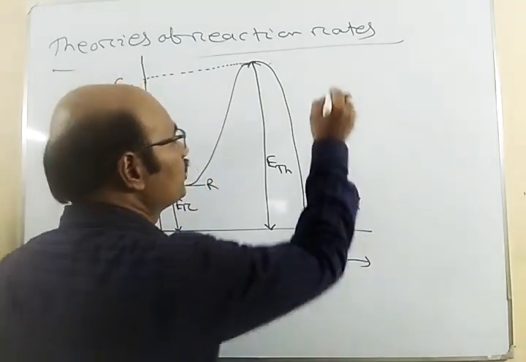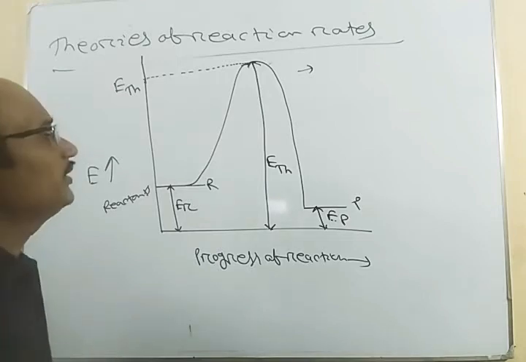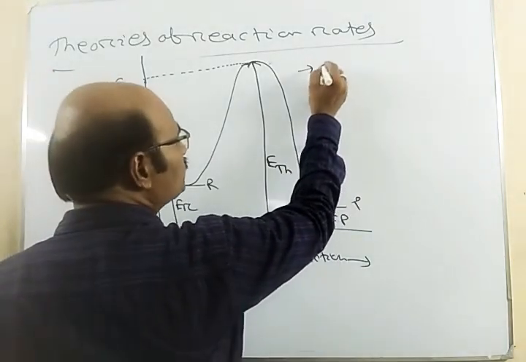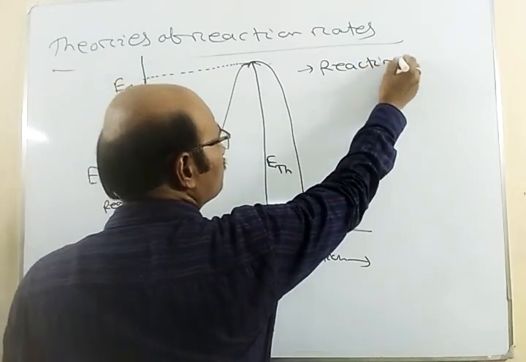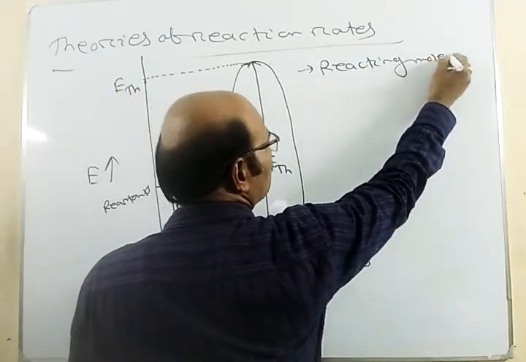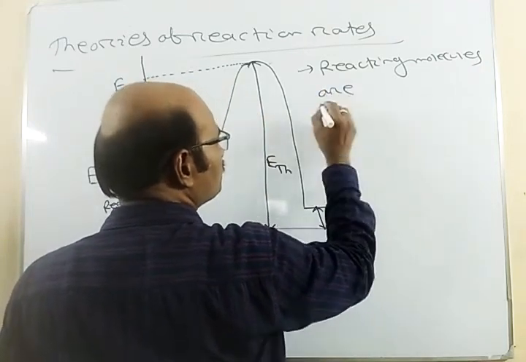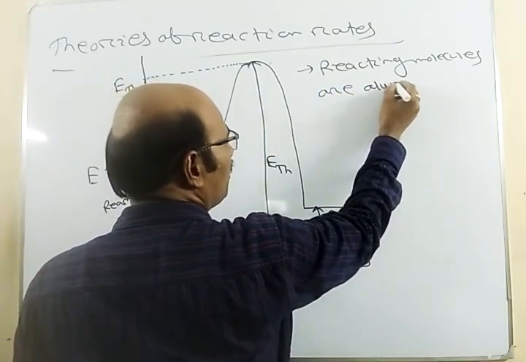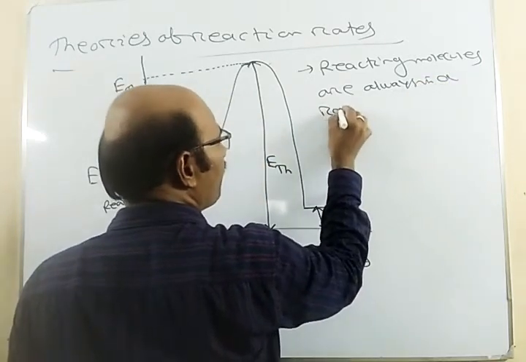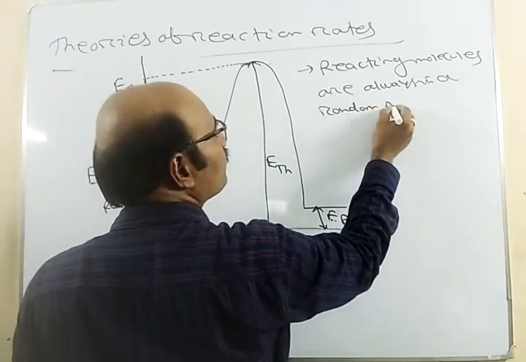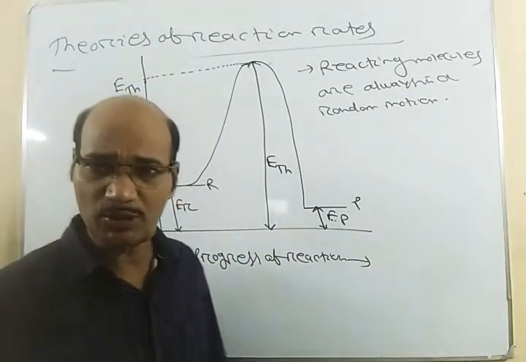Okay, so if you summarize collision theory: the reacting molecules are always in random motion.